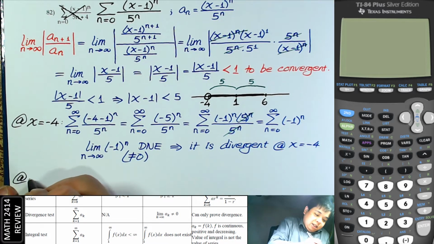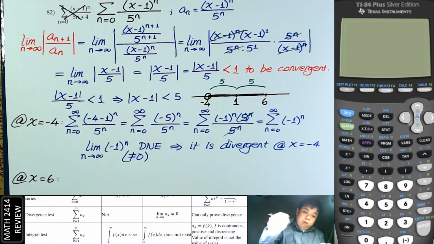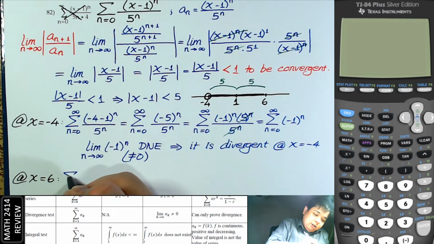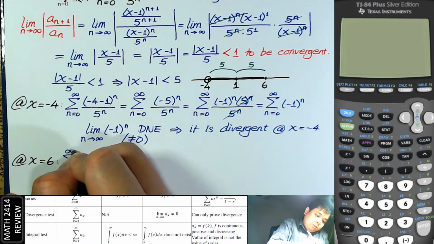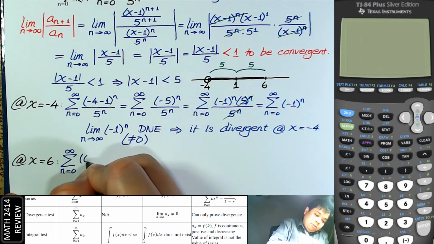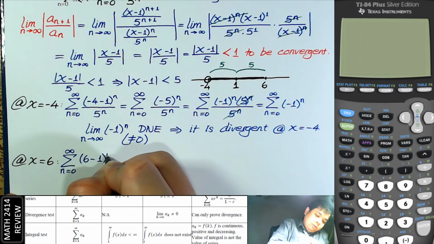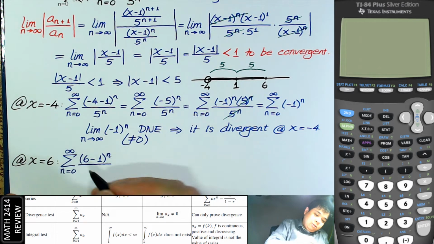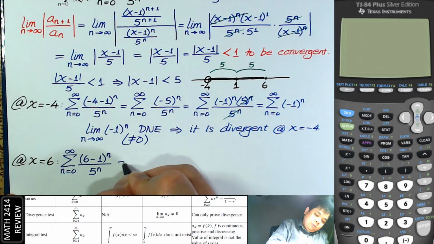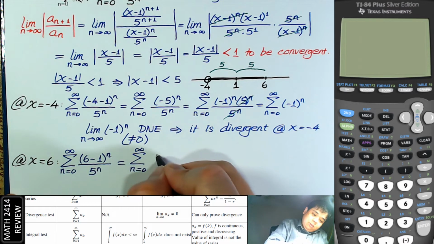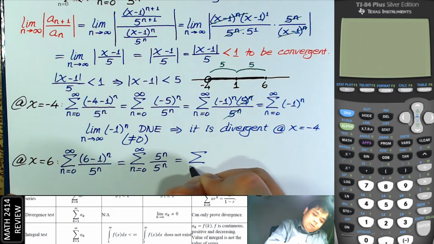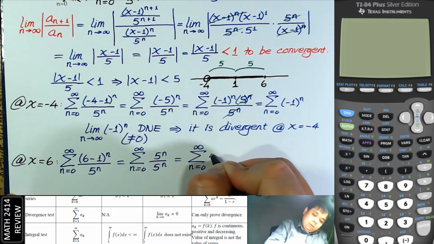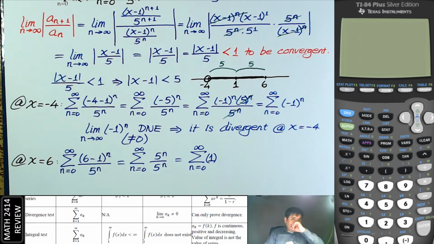Now at x equal to 6, put 6 in for x. So that's what we have.